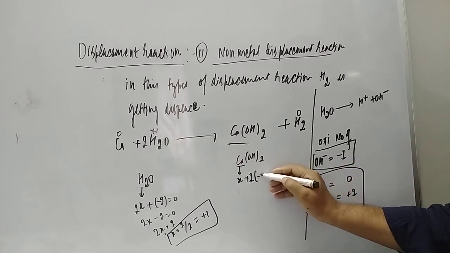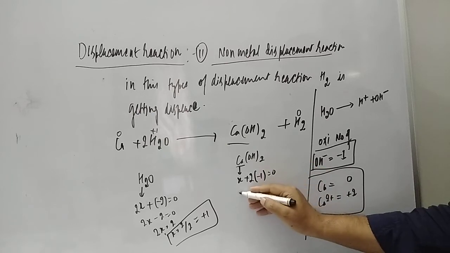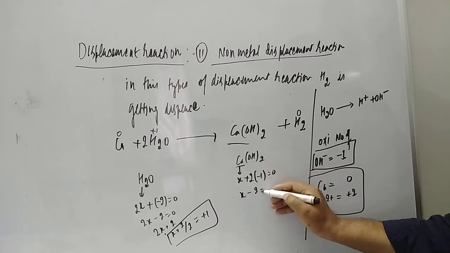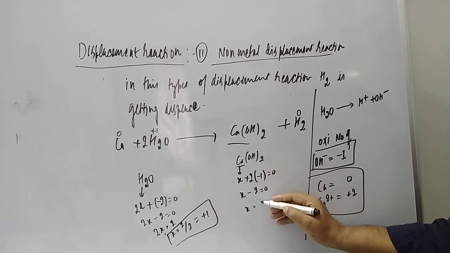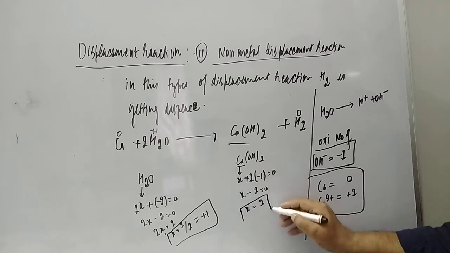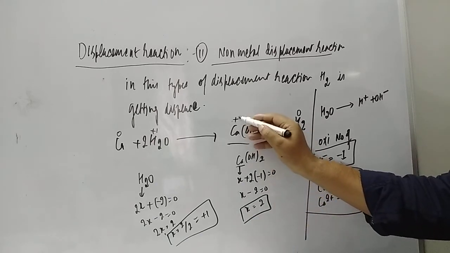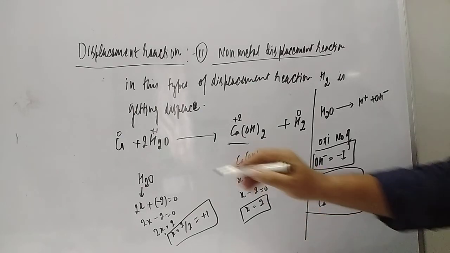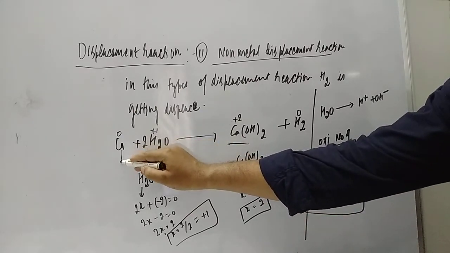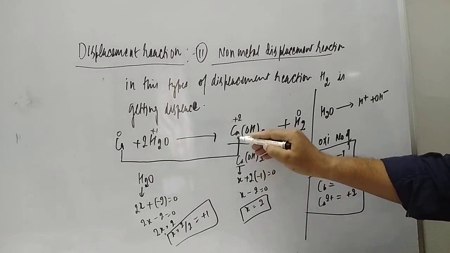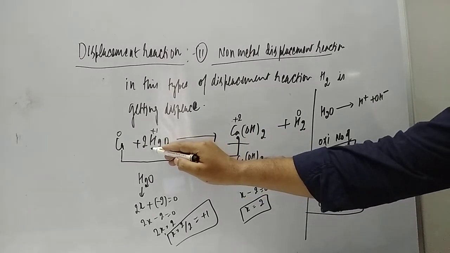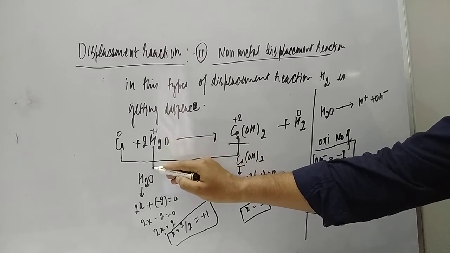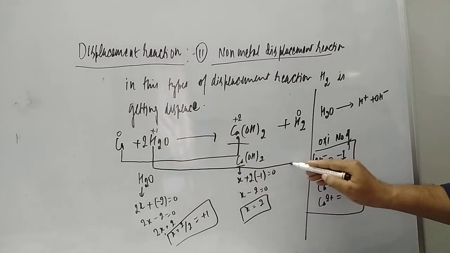So X + 2(-1) = 0, X - 2 = 0, so X is +2. So calcium is +2. Now students, you see here calcium is converting into calcium hydroxide, and hydrogen is converting into the H2 molecule.